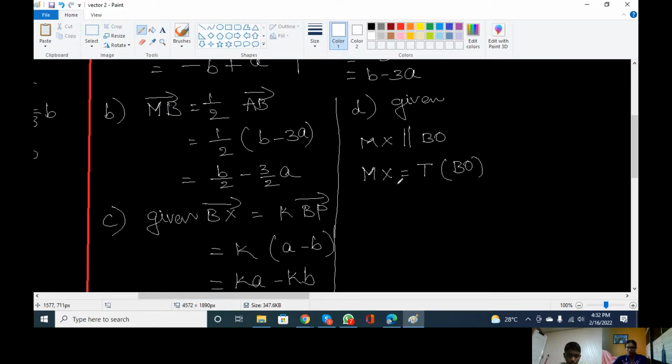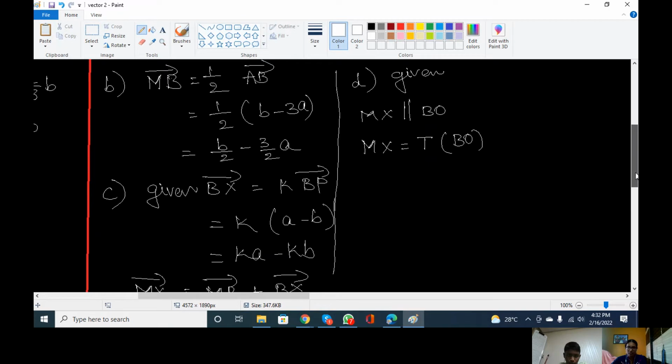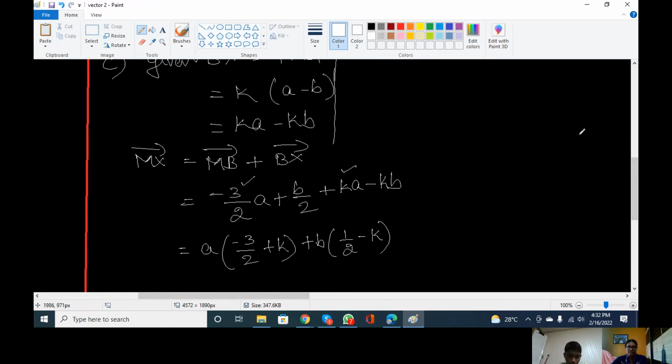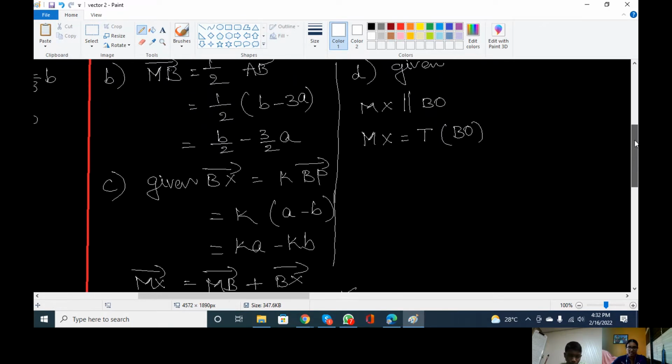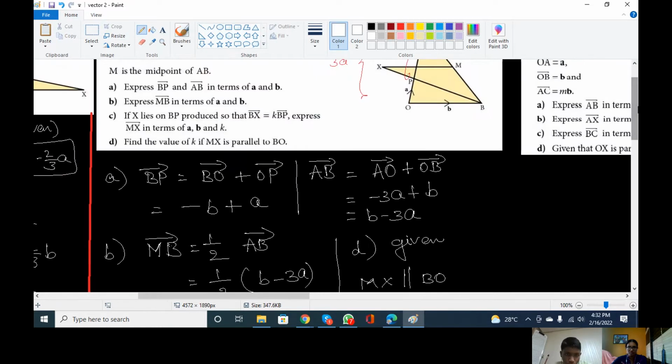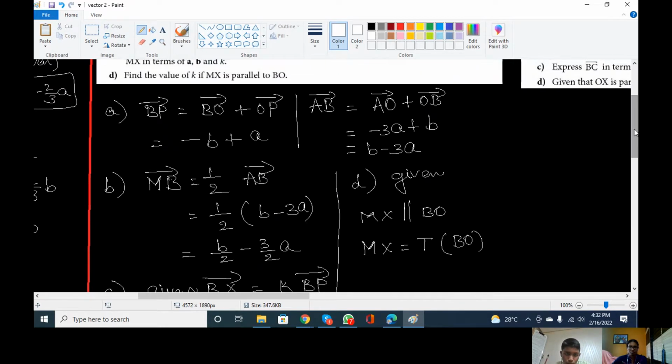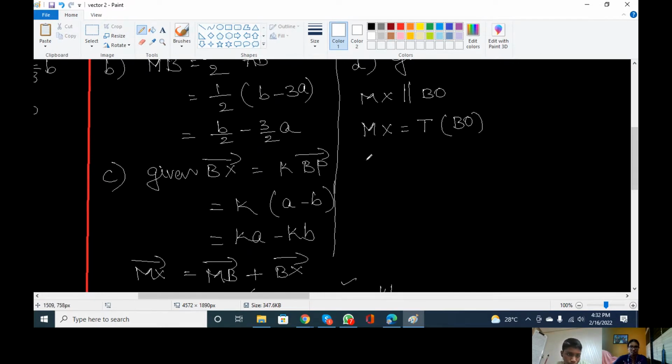Now MX, already we found MX here. Let's write the same thing as it is. MX is a times of negative 3 by 2 plus k, plus b times of 1 over 2 minus k, is equal to t times BO.